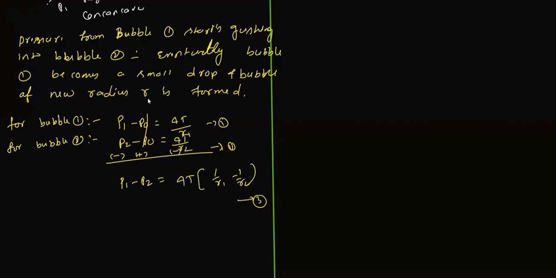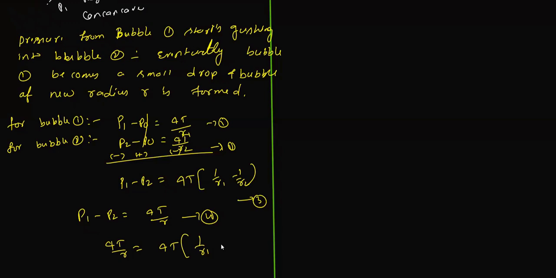We discussed that a new bubble of radius R is formed. The equation for the new bubble is P1 minus P2 equals 4T upon the new radius R. Make this equation number 4. Observe 3 and 4: the LHS are equal, so 4T by R equals 4T times 1 by R1 minus 1 by R2.